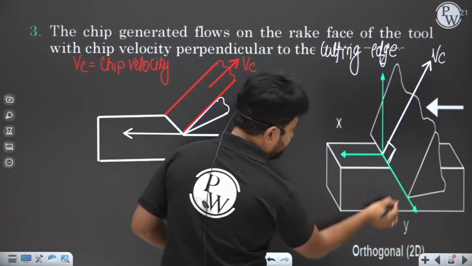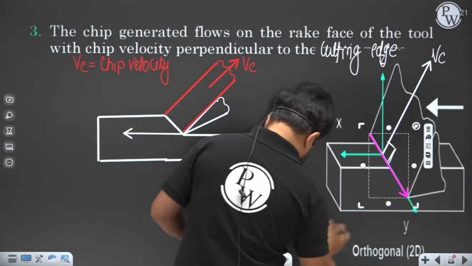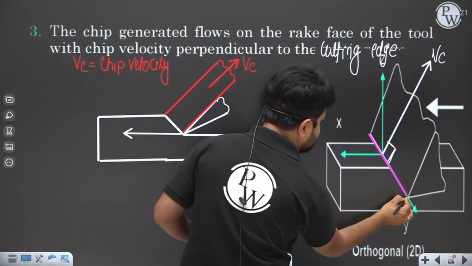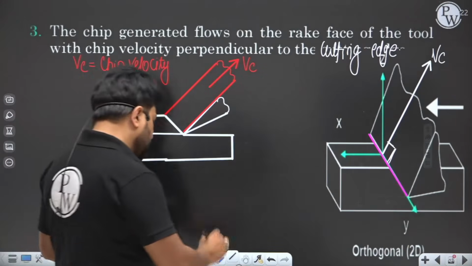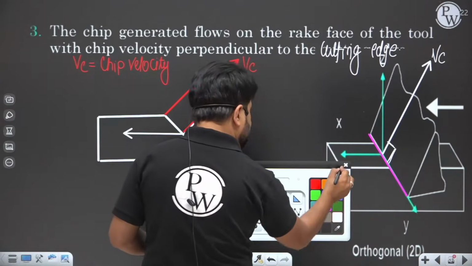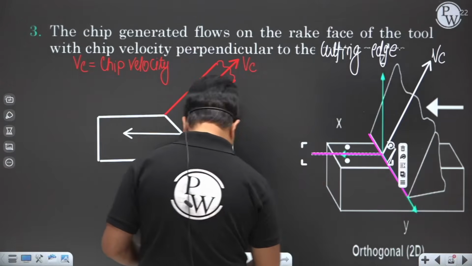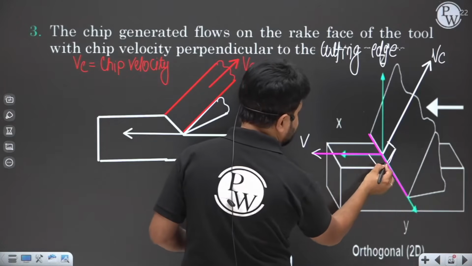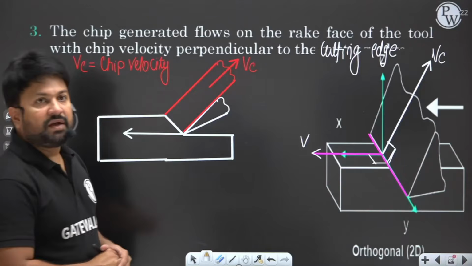This is the cutting edge, as you can see. So chip velocity and the cutting edge should be perpendicular. Also, the cutting velocity V and the cutting edge should be perpendicular to each other.